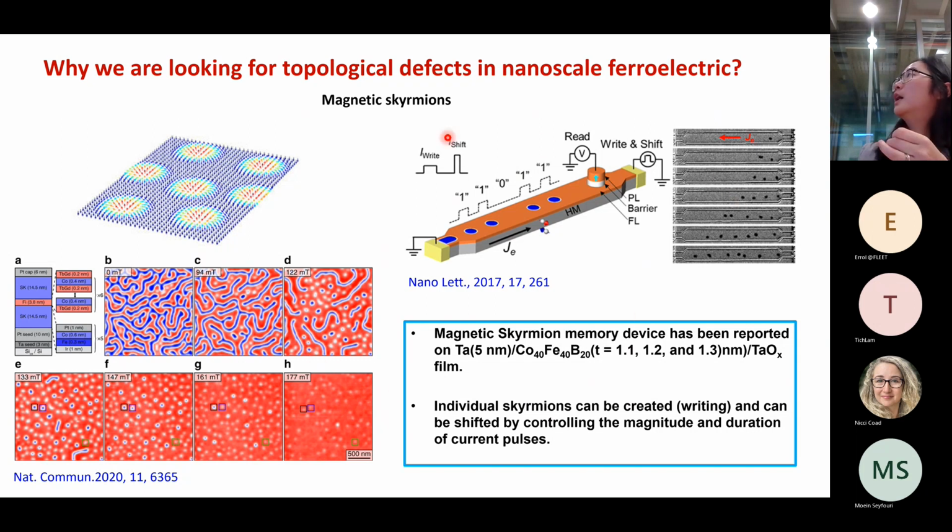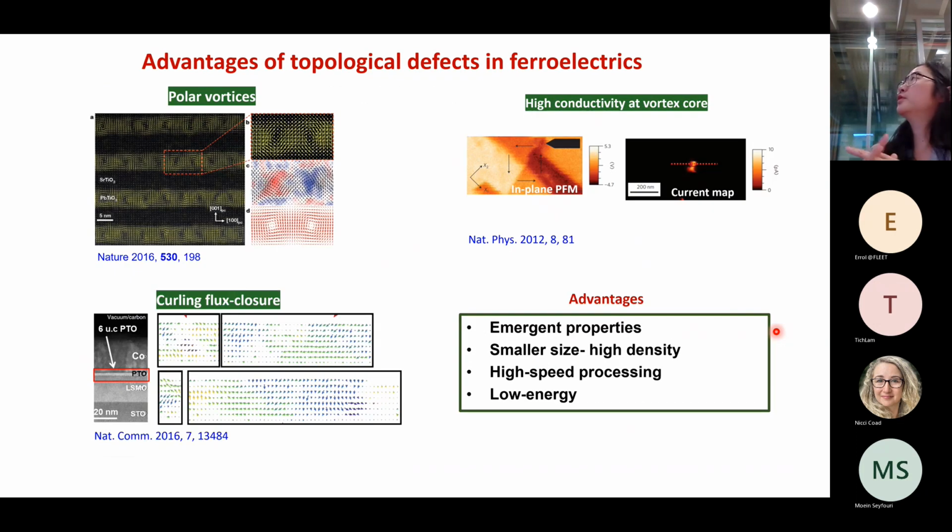Also, a type of device has been realized where they can create these magnetic skyrmions and move them by tuning the applied bias pulse. Okay, so then let's move to the ferroelectrics.